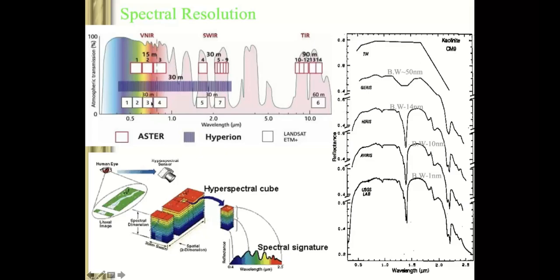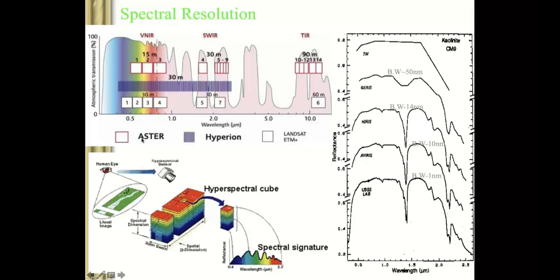In spatial resolution, we get around 30 meters in visible, 30 meters in shortwave infrared, and 60 meters in thermal in the Landsat satellite. So in terms of spectral resolution, meaning the number of spectral bands available with Landsat, it is only 7.